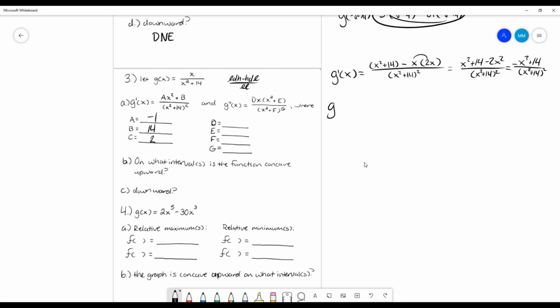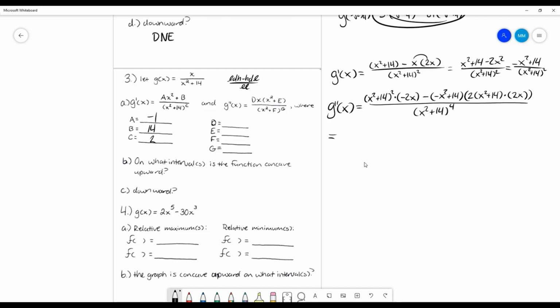Now I take that second derivative, same thing, quotient rule, so I take my low times the derivative of my high, which is going to be -2x, minus the high times the derivative of my low, and this is some chain rule here, so it's going to be 2 times the inside because of that power rule, and then times the derivative of the inside, which is 2x, all over low, low.